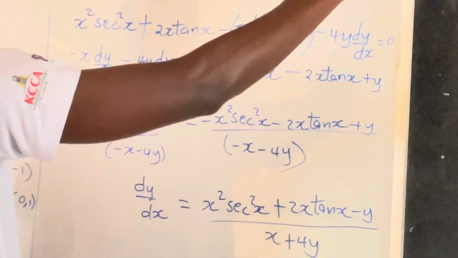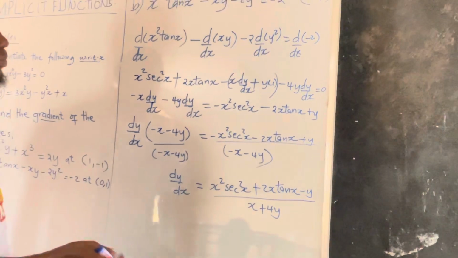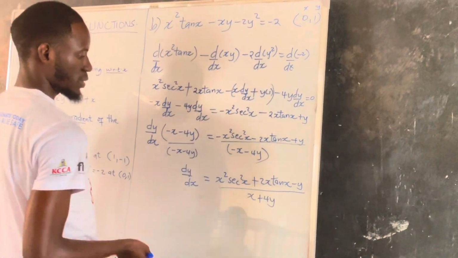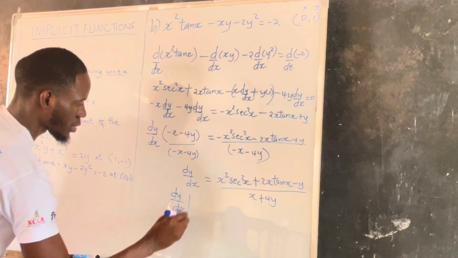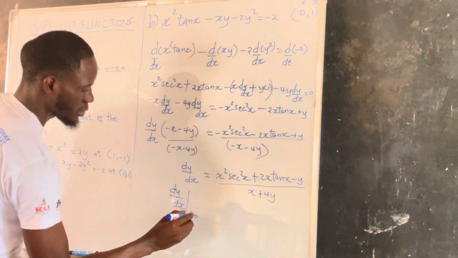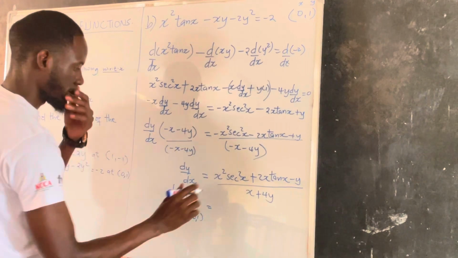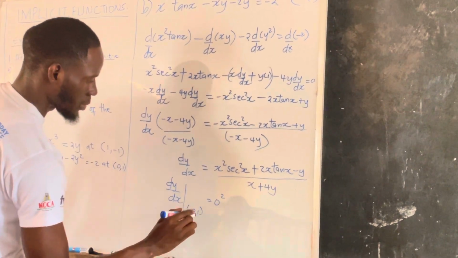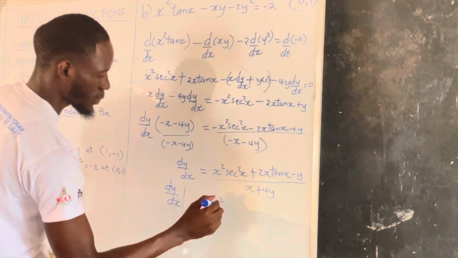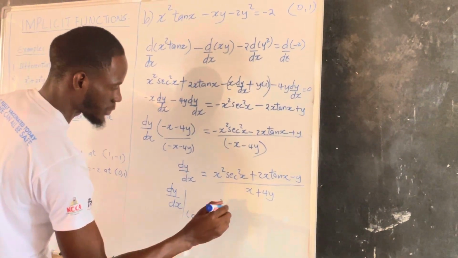Put x as 0, then you put y as 1. So we say that dy/dx at the point (0, 1) is going to be: x squared, I'm putting there 0 squared, then times this.